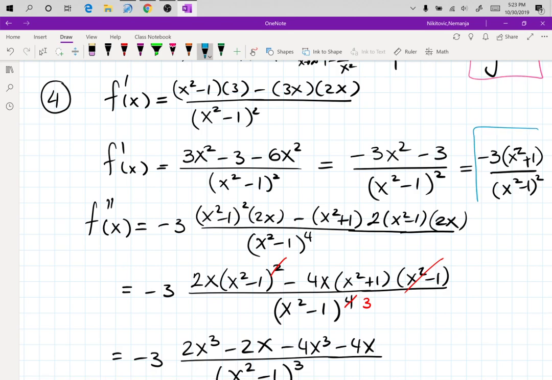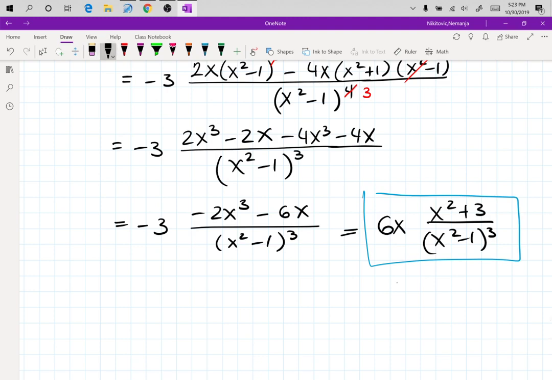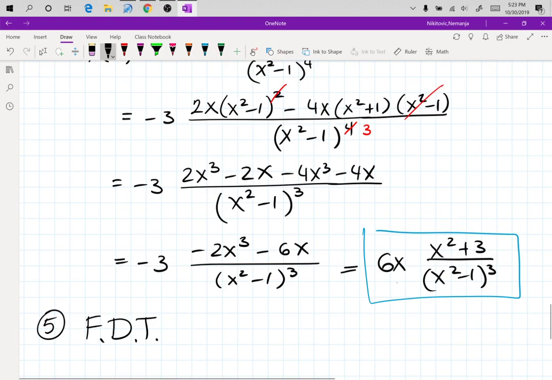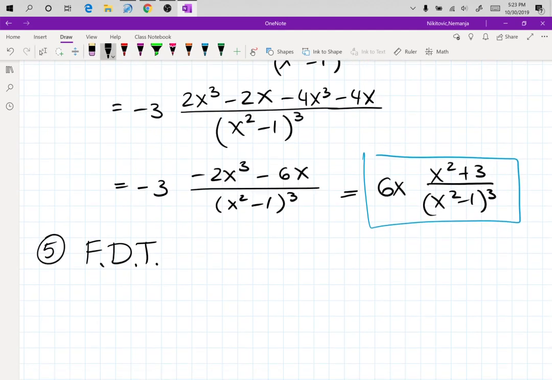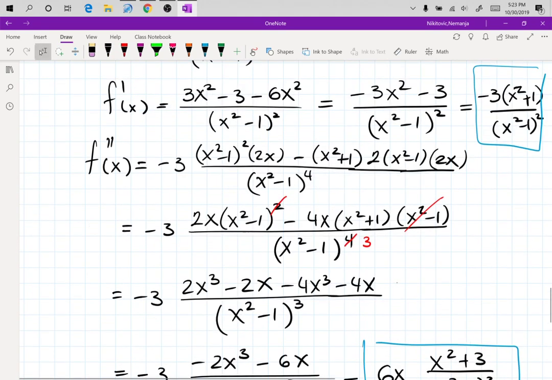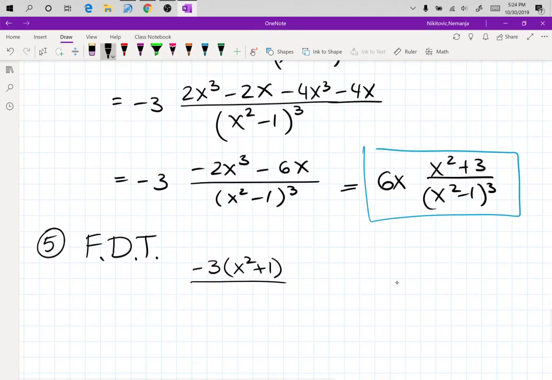We have our mess of the first derivative right there. And we are going to go with the first derivative test. First derivative test, we take and set equal to 0. So I have negative 3 times x squared plus 1. Did we say it's squared? No, just plus 1. Divided by x squared minus 1 squared equal to 0.